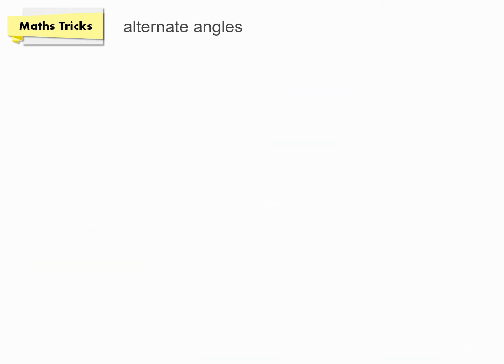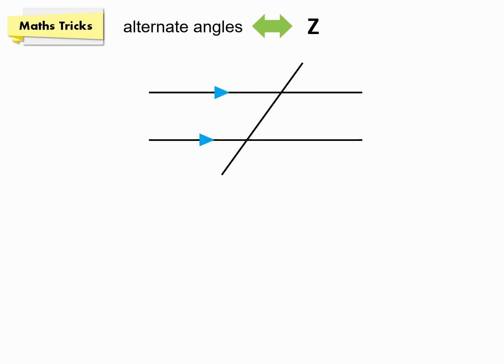For alternate angles, we will use the letter Z to help. Let's look at this example. These two angles are alternate angles. Under the condition of parallel lines, this pair of alternate angles are equal.